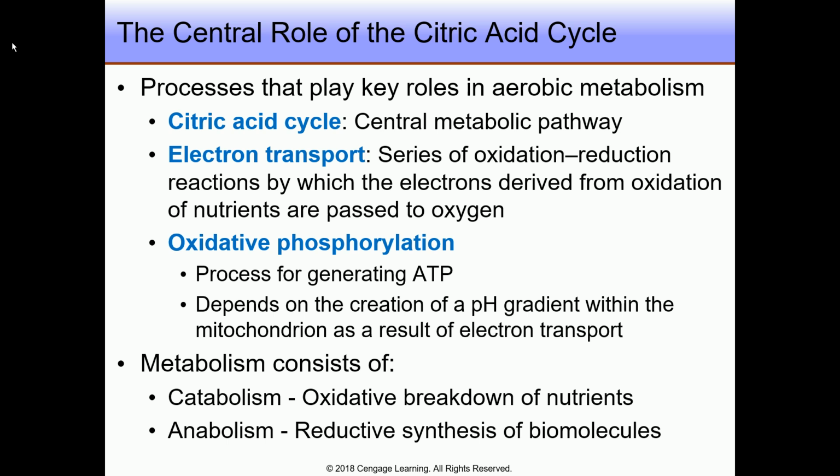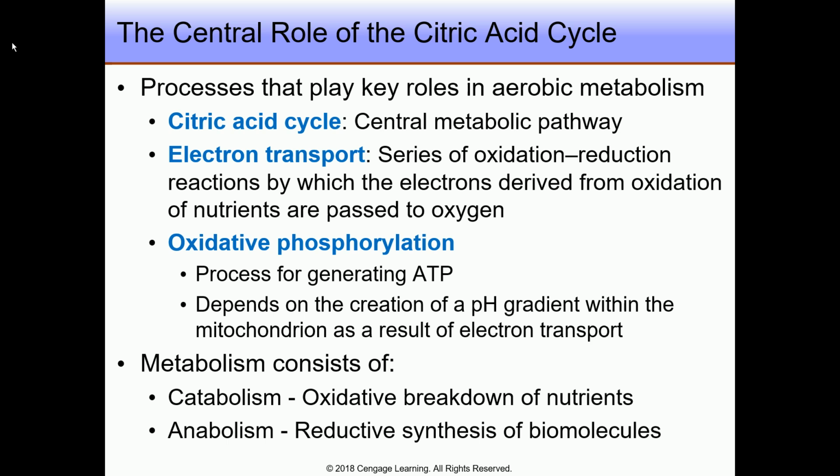In chapter number 19, I'm going to focus on what happens to pyruvate. First of all, pyruvate will be converted into a metabolite called acetyl coenzyme A, and then acetyl coenzyme A enters into reactions that operate in a cyclic way. That's why it's called a cycle.